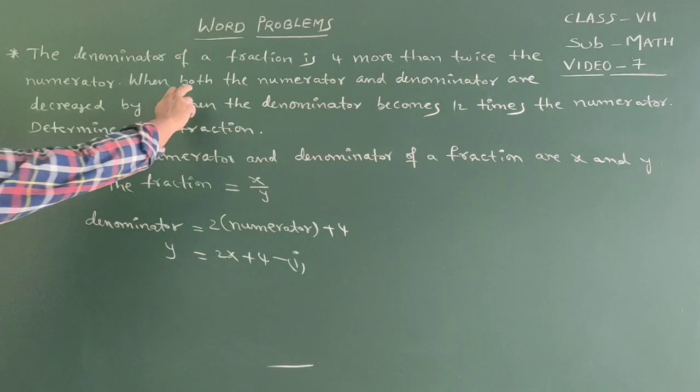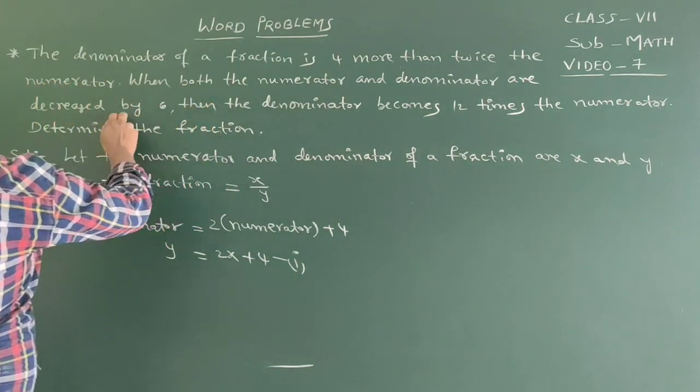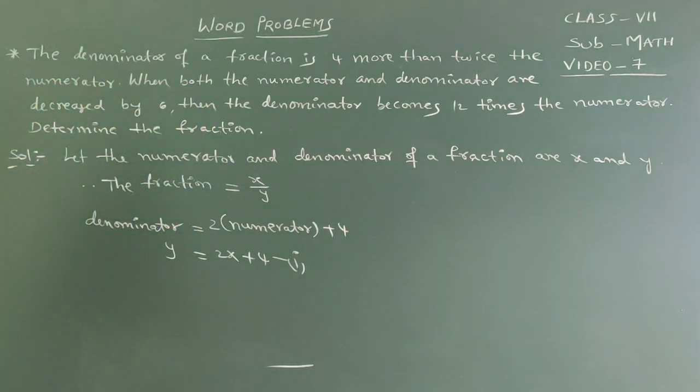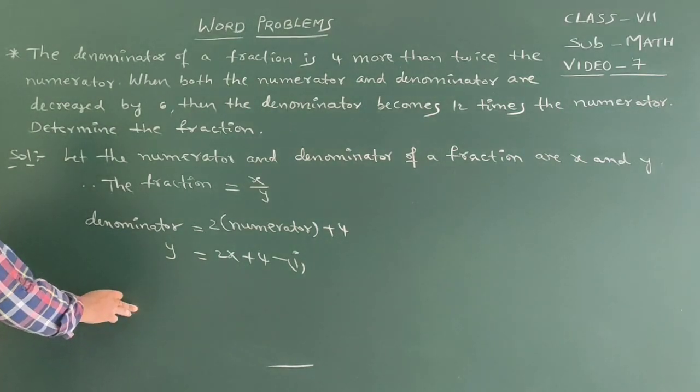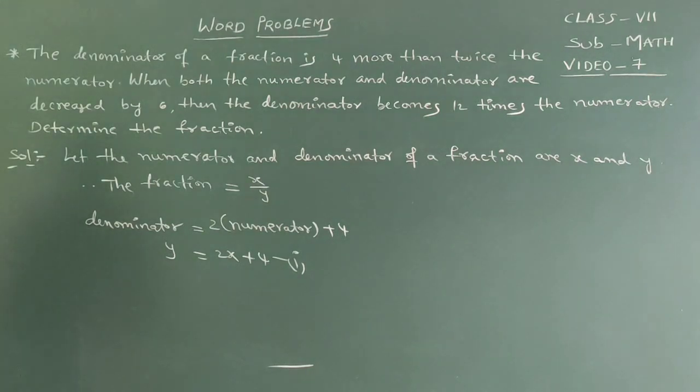Next, when both the numerator and denominator are decreased by 6, that means x minus 6 and y minus 6. Then the denominator becomes 12 times the numerator.